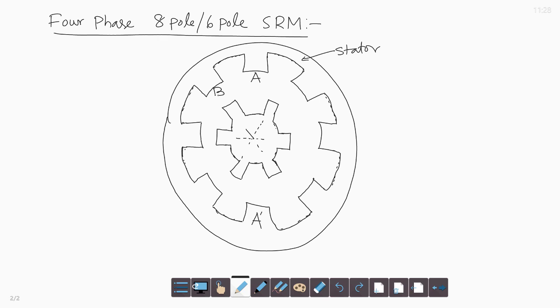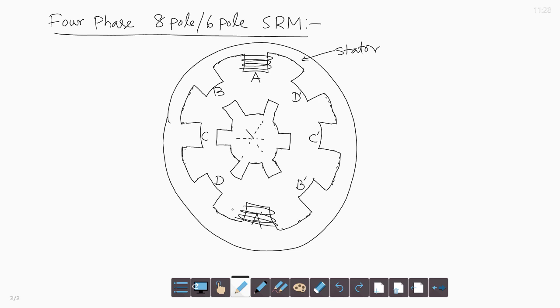B, B dash, C, C dash, D, D dash, 4 phases. So, each stator pole carries a concentrated winding as I have shown. So, A and A dash are connected because they will be excited by one phase.